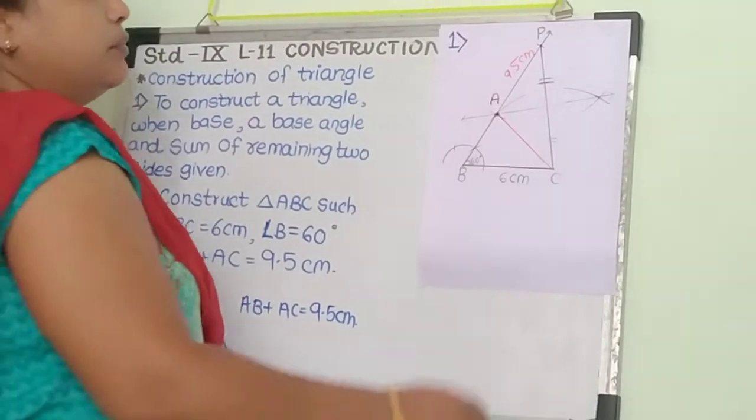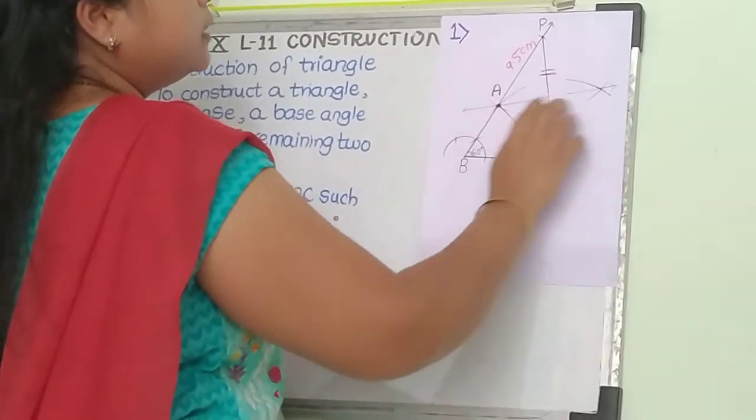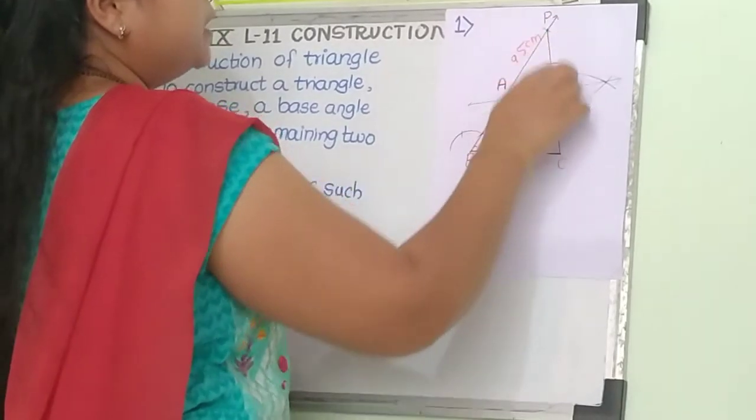After that we have to draw the perpendicular bisector of PC.